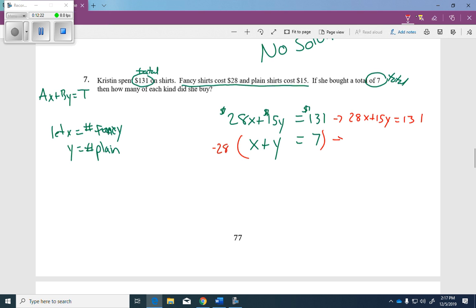The second equation is now negative 28x minus 28y equals negative 28 times 7. Of course, you're allowed to use a calculator, or you could just multiply it yourself. And it's 196. Negative 196.